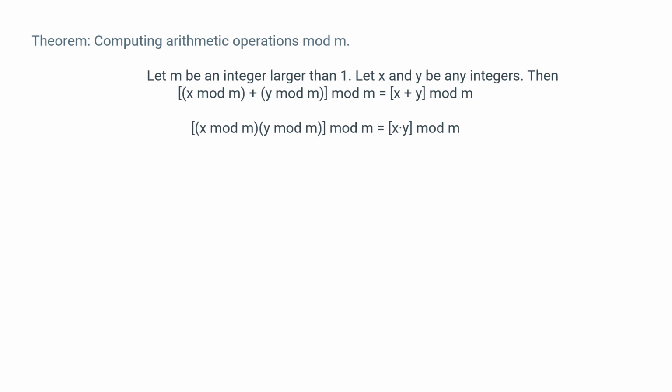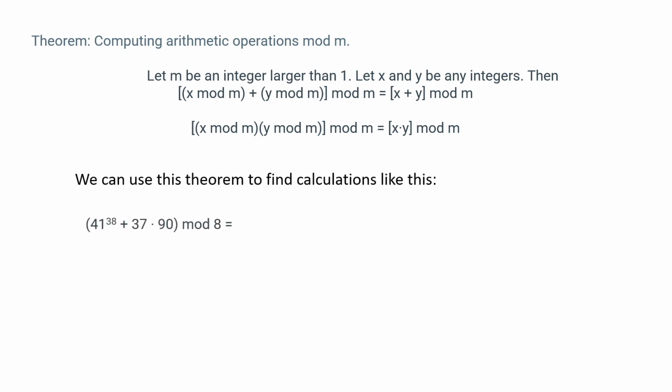Now you might think, well, why would I want to do it a bunch of times instead of just doing it at the end? Well, here's an example, and I think you might have a problem in Zybooks like this. We can use this theorem to find this calculation pretty easily. So I've got 41 to the 38th plus 37 times 90 mod 8.